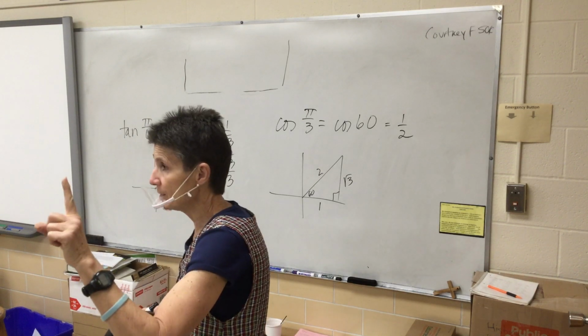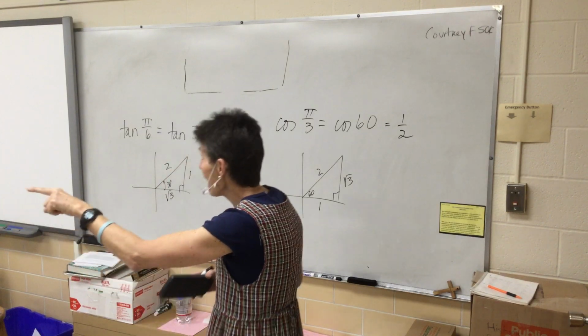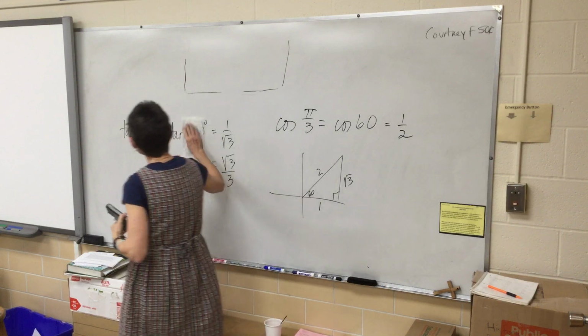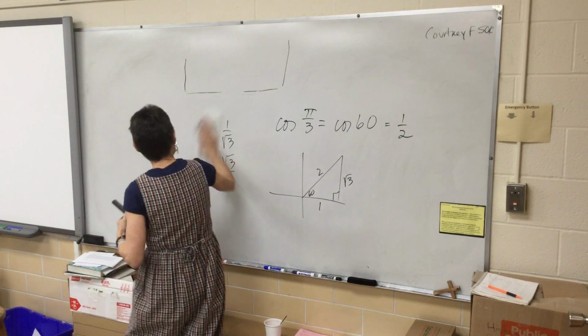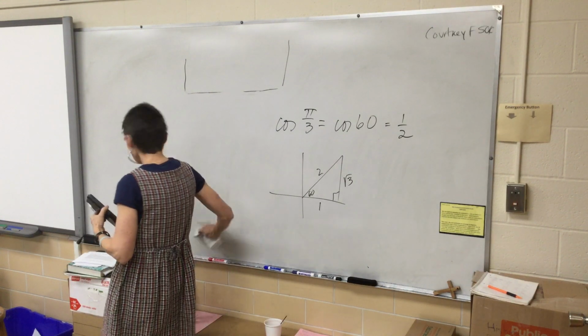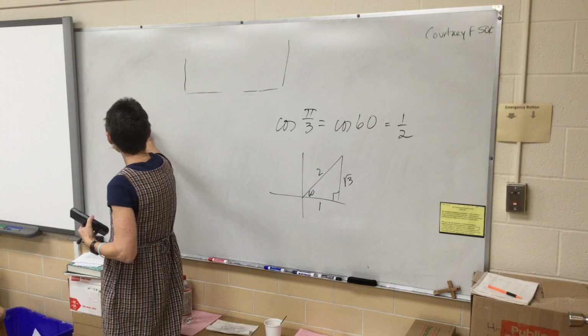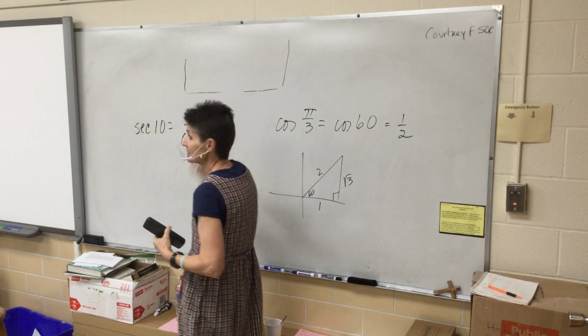There's only one way to do it. That's the trap. The only way to put a secant into your calculator is to remember its definition. What is the secant? Reciprocal of cosine. So the secant of 10 is going to be 1 divided by cosine 10.